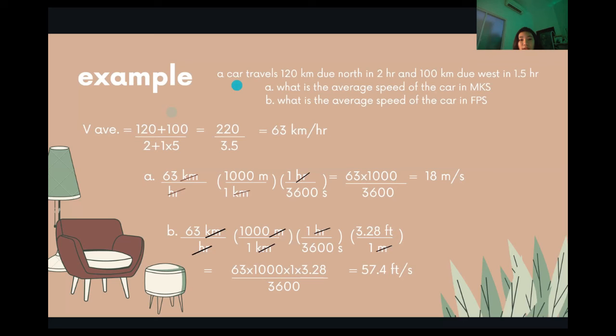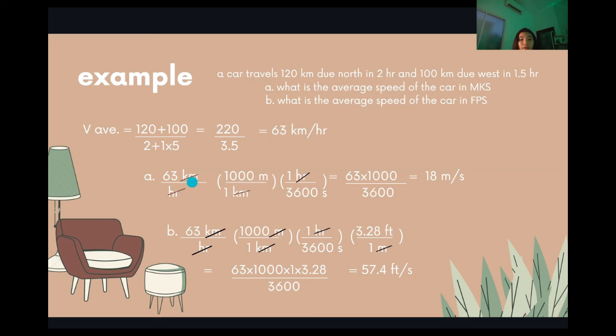The average speed is 63 kilometers per hour, by looking at the car travels 120 plus 100 kilometers over 2 hours and 1.5 hours. So it will be 220 over 3.5. Yeah, 3.5. It's wrong here. It should be 1.5, not 1 times 5.